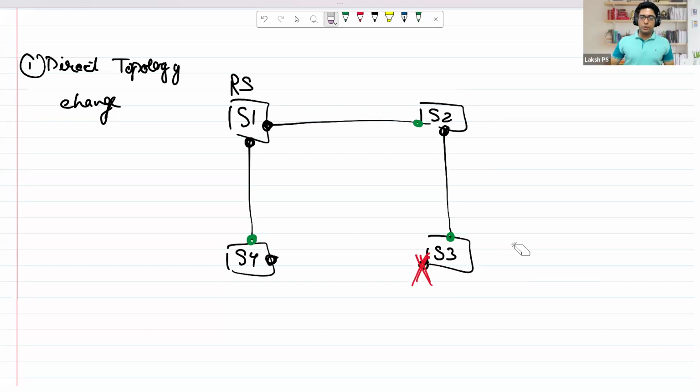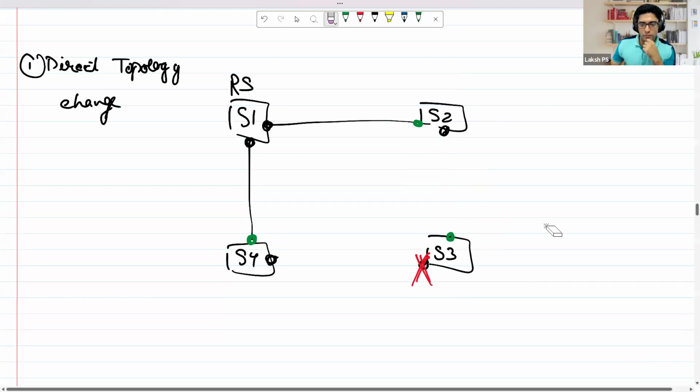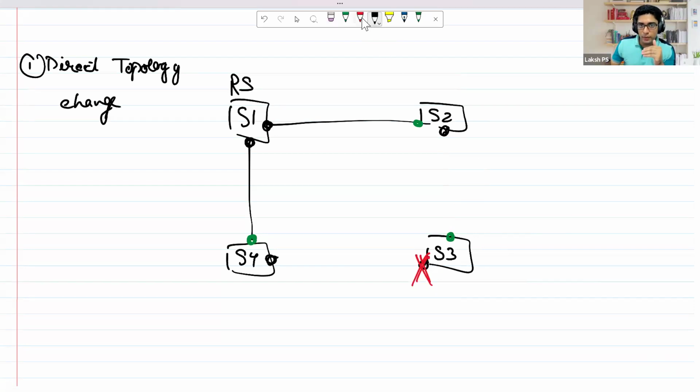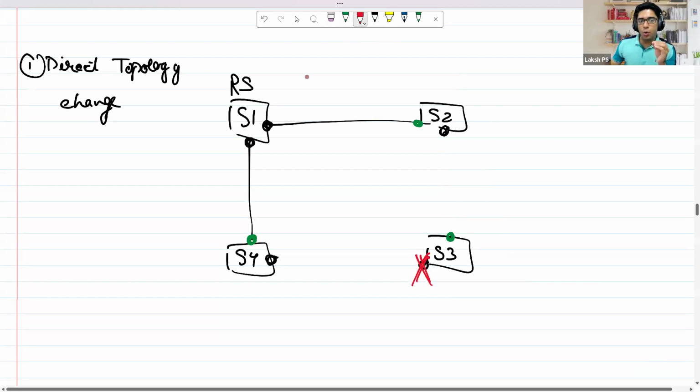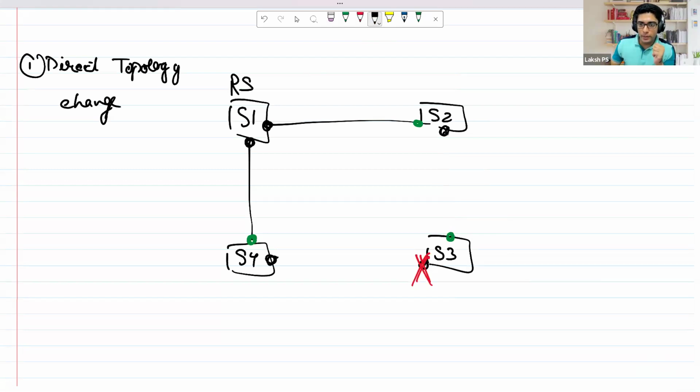So, direct topology change. Over here, let's imagine that for some reason the interface between switch 2 and switch 3 goes down. And just now I explained, the root switch is the only switch that creates the BPDUs. So in a normal scenario, what is happening? The root switch creates BPDUs and sends them to all the switches that are connected.